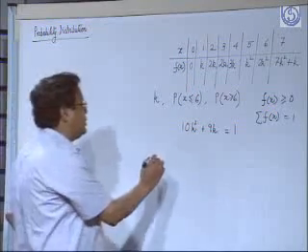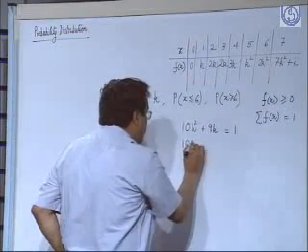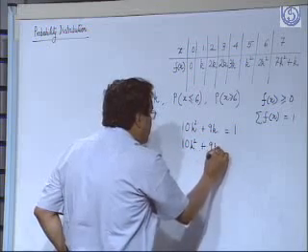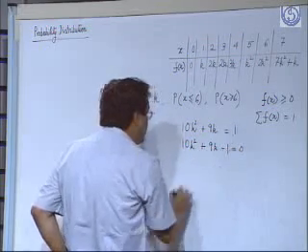Factorize it. 10k square plus 9k minus 1.